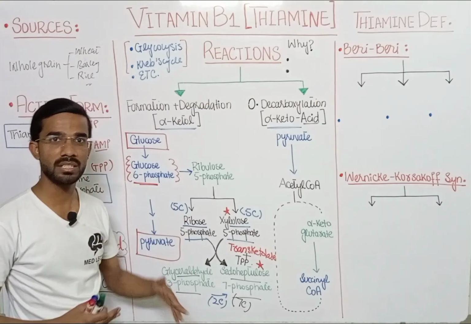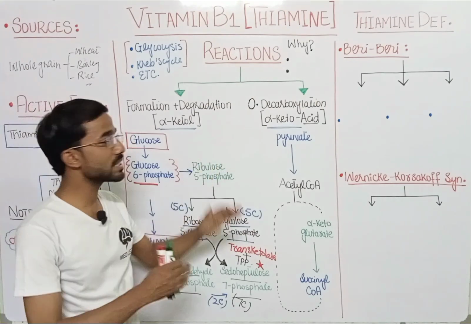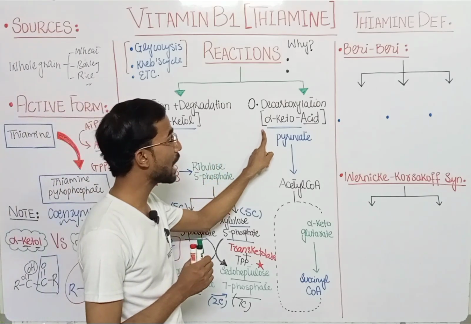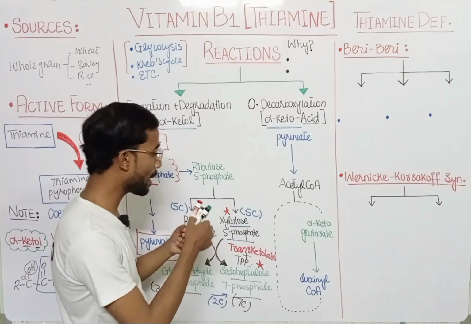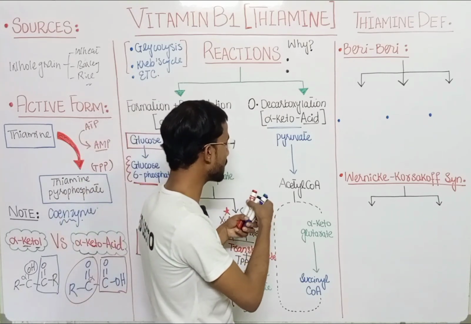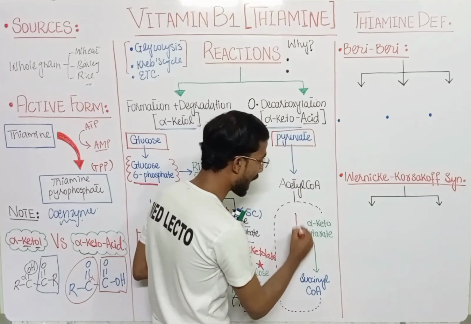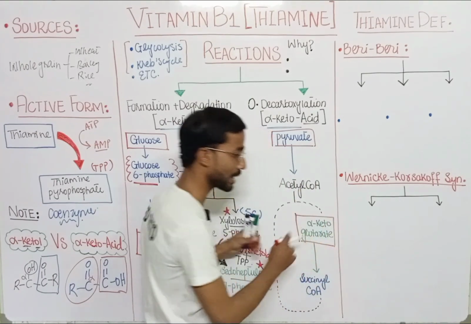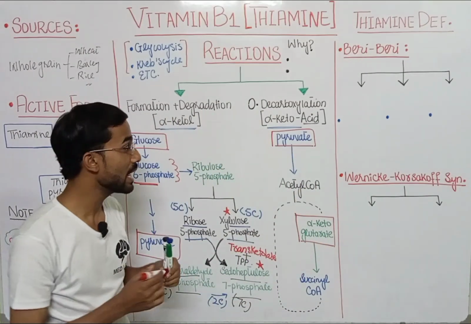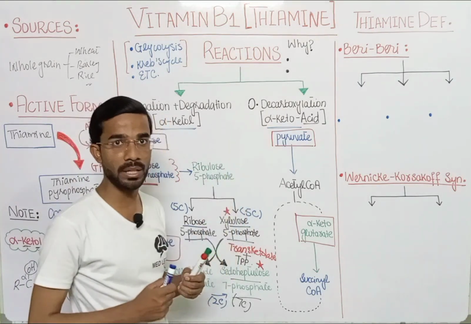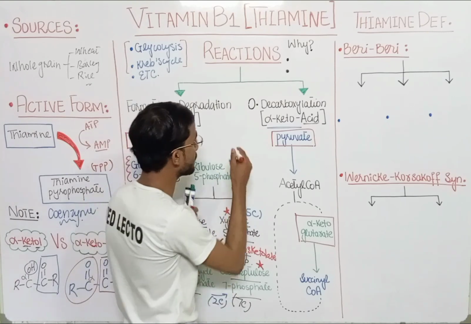That's the other process. Next, in oxidative decarboxylation, we see alpha keto acids. Keep in mind that pyruvic acid and alpha ketoglutarate, which is part of the Krebs cycle, contain the alpha keto acid. If I write the structure of pyruvic acid, you can easily understand.